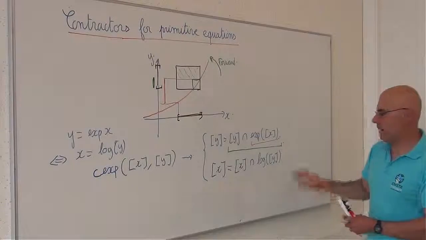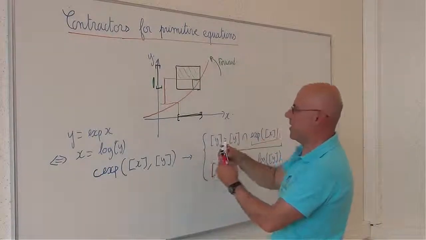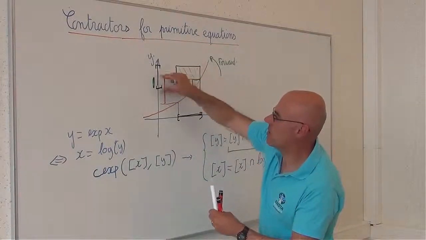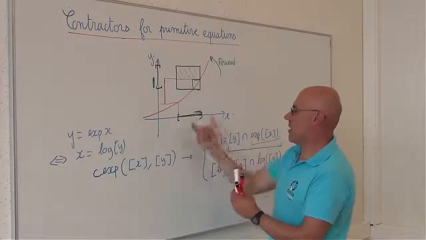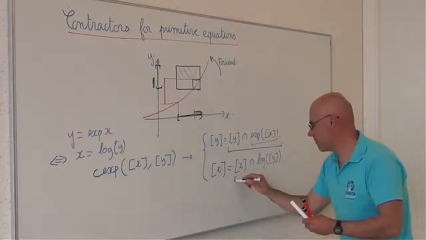And if I apply this, I will compute the logarithm and I will obtain the reciprocal image of this interval, which will be this interval, and the intersection will provide me this interval.